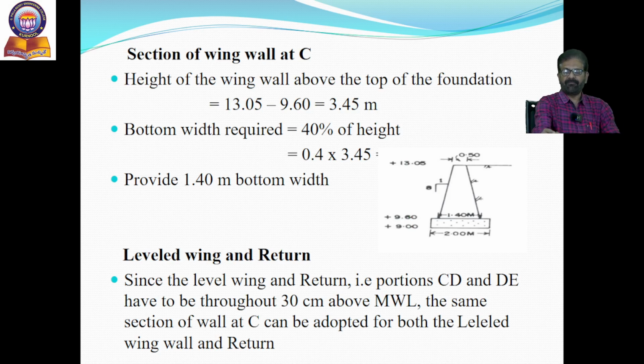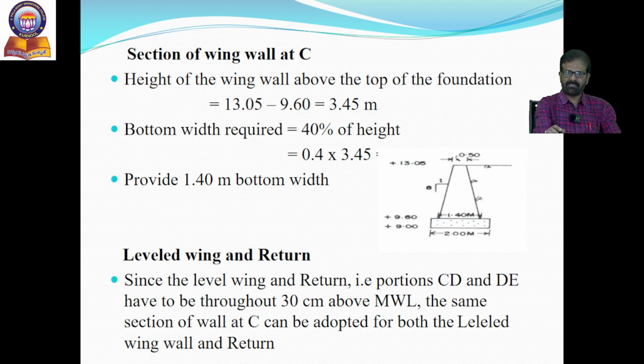See here, the wing wall at C, top level 13.05, minus 9.6. This 9.6 remains the same since the entire structure is at a single location. The hard soil is available at 9.5 meters. Accordingly, we fixed the top of the foundation concrete as 9.6. So this 9.6 remains the same for all the cases, where only the top levels will vary.